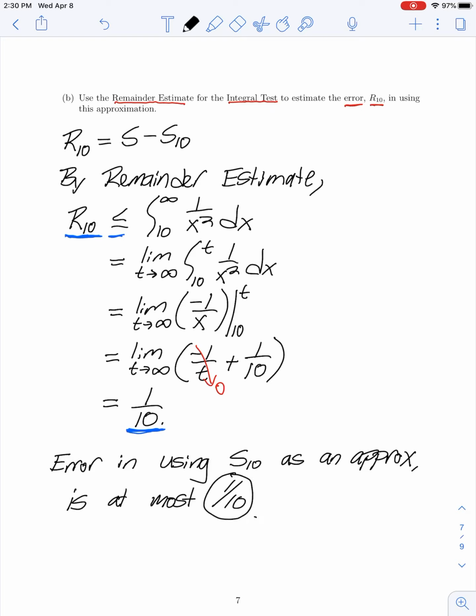So we have some way to determine how accurate our approximation is. We know it's accurate to within 1 decimal place here, since we have an error of at most 1/10 or 0.1.